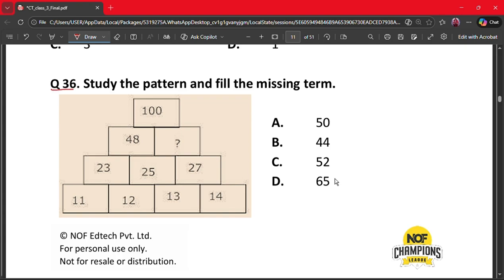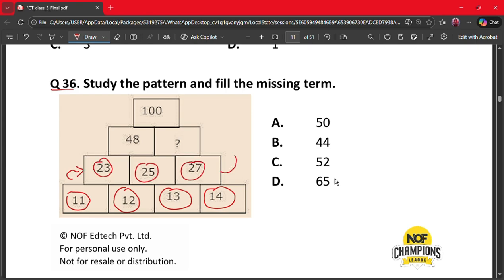Question 36. Study the pattern and fill the missing term. It's 100, 48, question mark, 23, 25, 27, 11, 12, 13 and 14. If you add 11, 12, 13 and 14, you will get the sum of 23, 25 and 27.